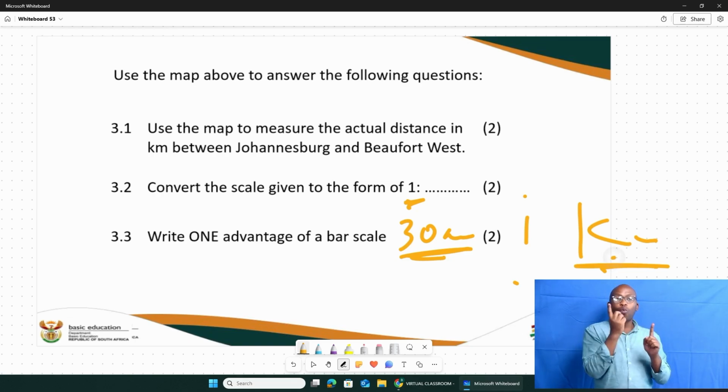If you want to check, you will divide these scales, but I can't just divide by 30 to get 1, because I have to get the same units.